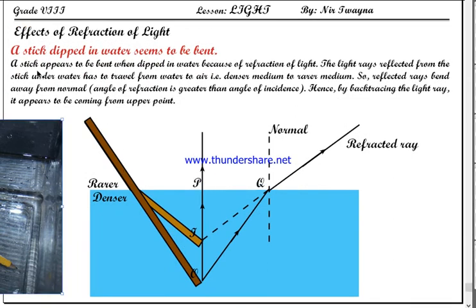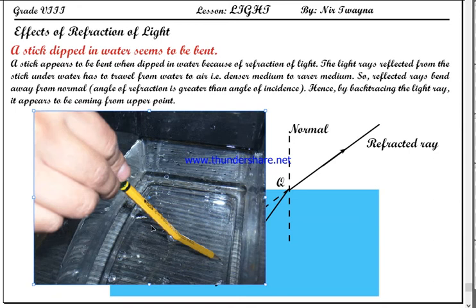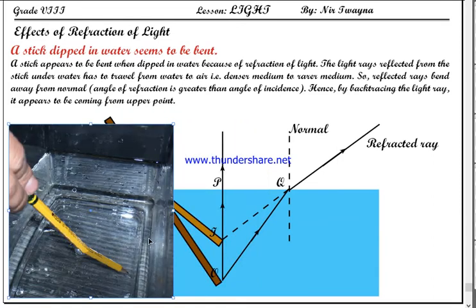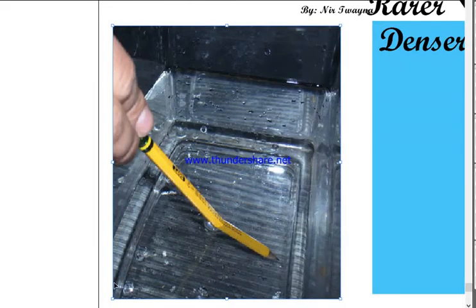I've already told you a stick dipped in water seems to be bent. Why? Here I showed you a diagram of a pencil being dipped in water, and what you can observe there is that when the pencil is dipped inside water, it seems to be bent at the surface of water.